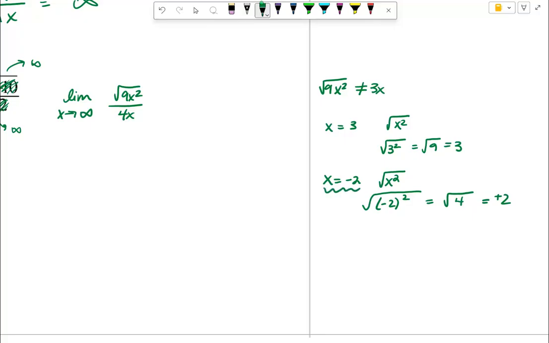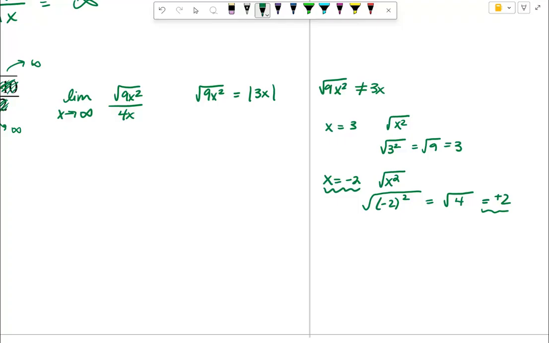So I have to be really careful. I cannot draw the conclusion that the square root of 9x squared is 3x, because depending on the sign of x, that could become a negative number. What we can think of, though, is that the square root of 9x squared is the absolute value of 3x.